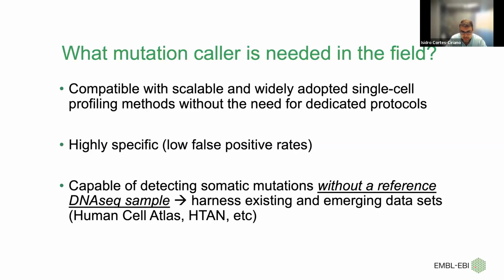And then what we need is an algorithm capable of detecting mutations without having a reference DNA sequencing sample. The main reason is that we want to use the existing data sets, such as those generated in the context of the Human Cell Atlas and other projects, as well as emerging data sets where there might not always be a matched reference sample.